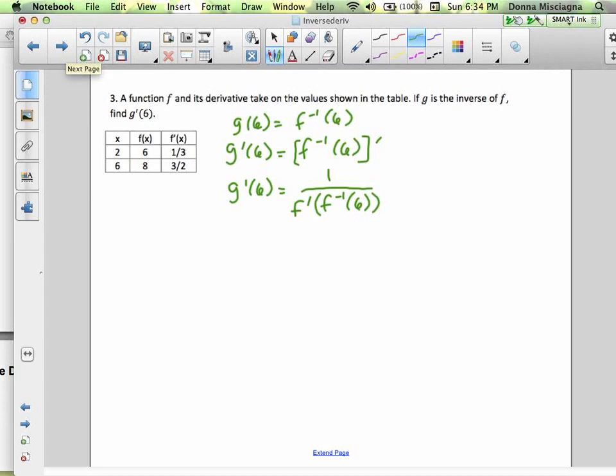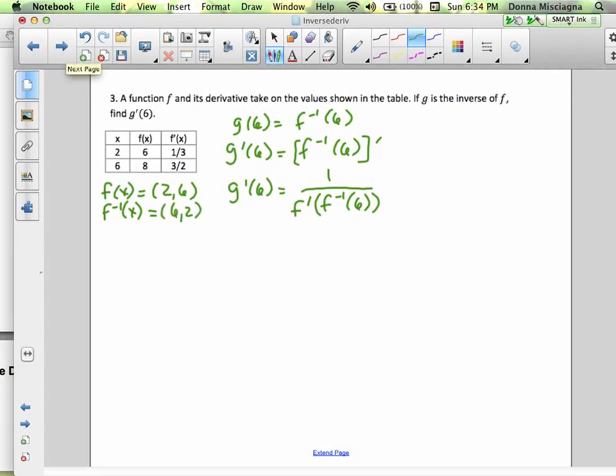If the inverse is 6, the y value is going to be 2. So f of x has a point (2, 6), and f inverse of x has a point (6, 2).